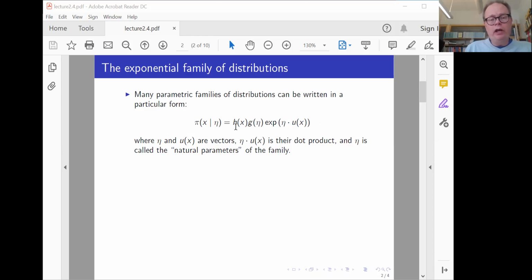And then you can write the density in this form.